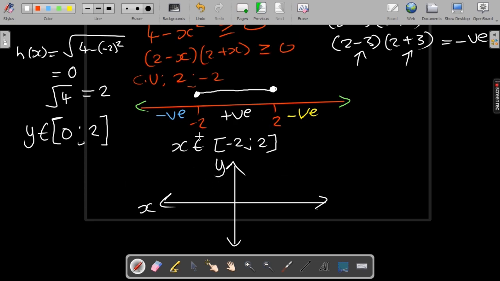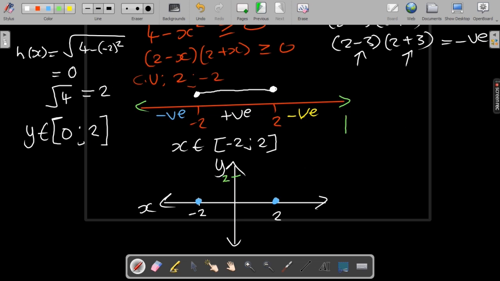Then our function is defined between -2 and 2 included, so you're going to have these portions included or shaded like that. And it does not exist below this line because our y values are only from 0 going up. So y values only exist from 0 until 2.